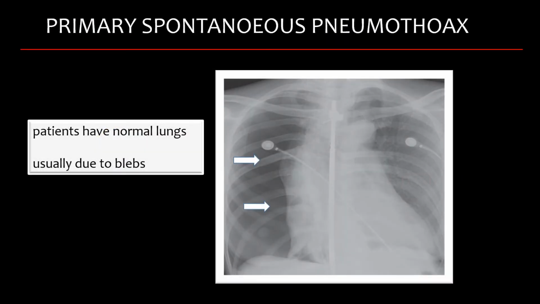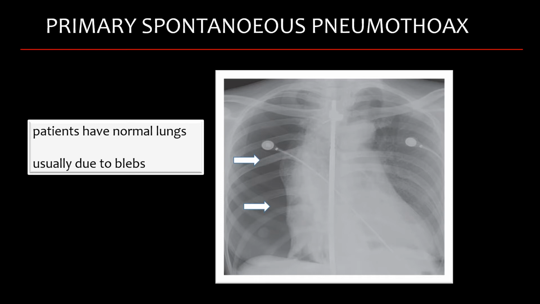Now we move on to primary and secondary pneumothorax. Primary spontaneous pneumothorax occurs in patients who have normal lungs, and this is usually due to small blebs on the visceral pleura, which burst open and communicate with the lungs and into the pleural cavity, leading to leak of air.